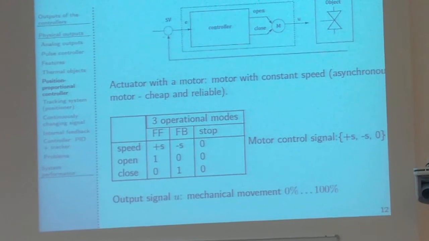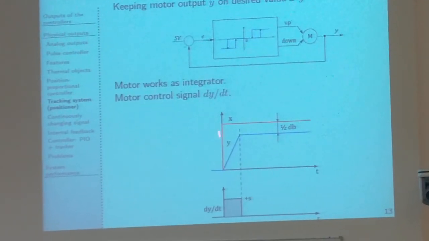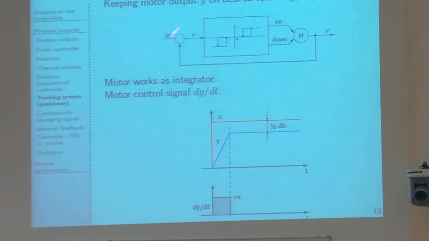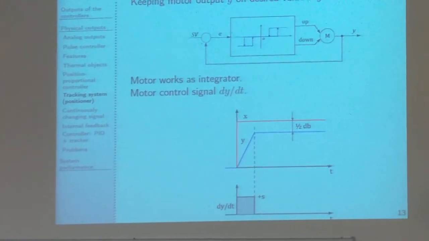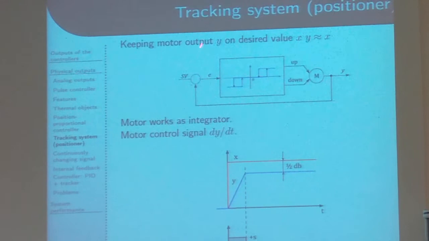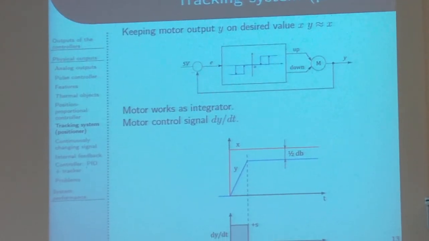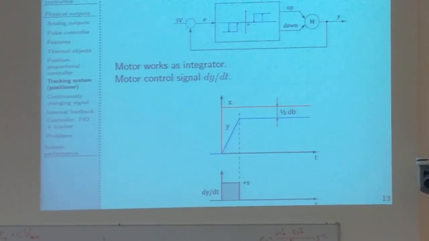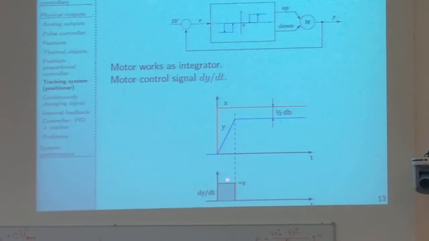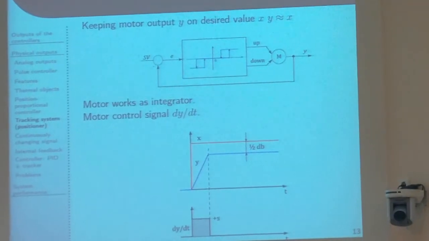And we can stop at a position. If we take a look at this situation, our control mechanism keeps the output y at the desired value x, but because of the inertia of the motor, and because of the deadband which we have here, we can never have the exact position of the motor that we would like to obtain.